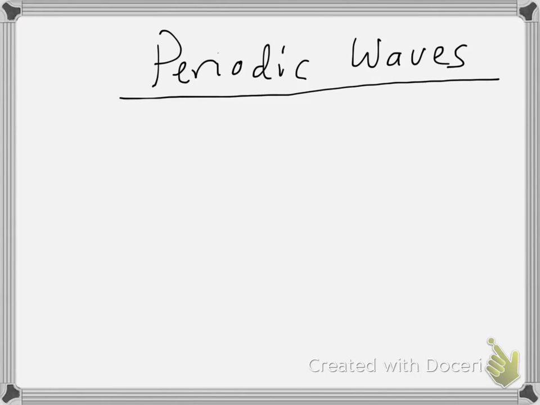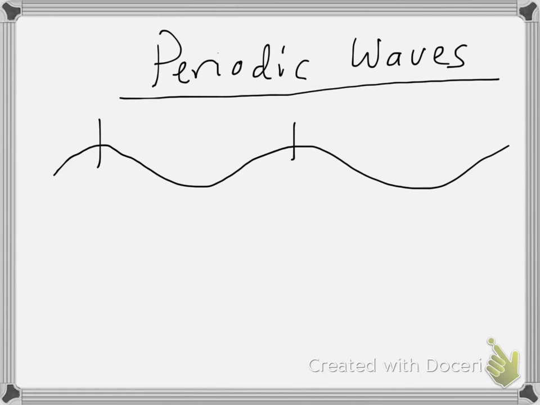But for now, we can think of a wave as just something that's moving along like this, right? So a periodic wave is something that occurs when you have, say, these pulses right here. These high points in the wave represent the pulses.